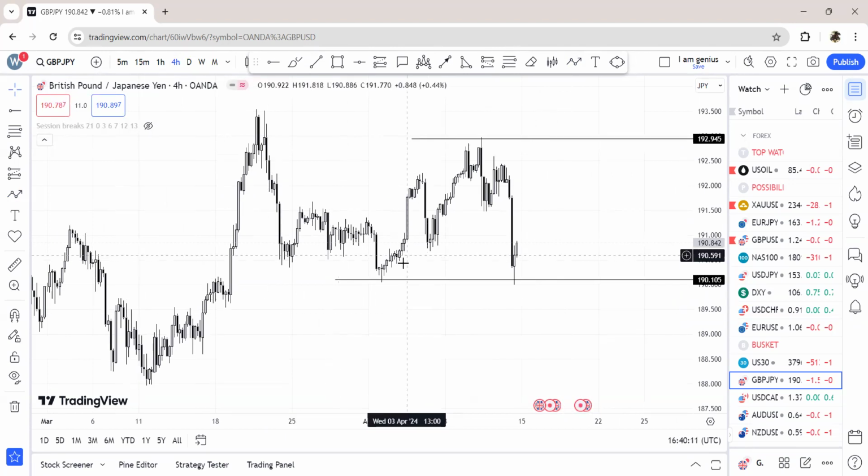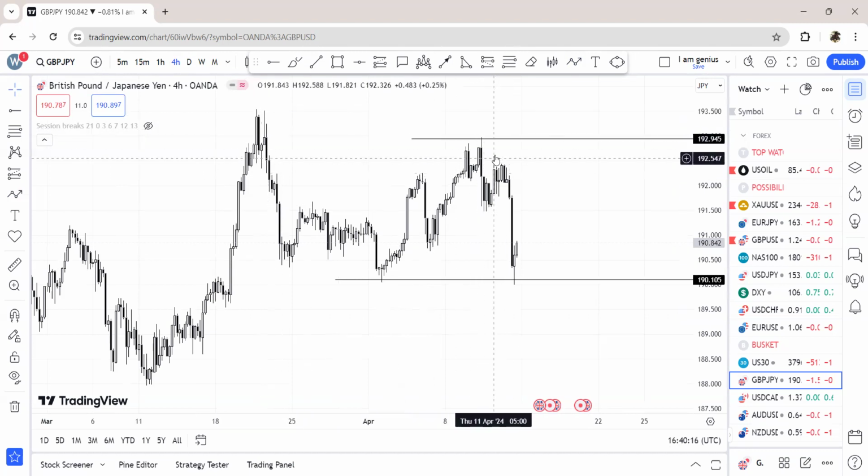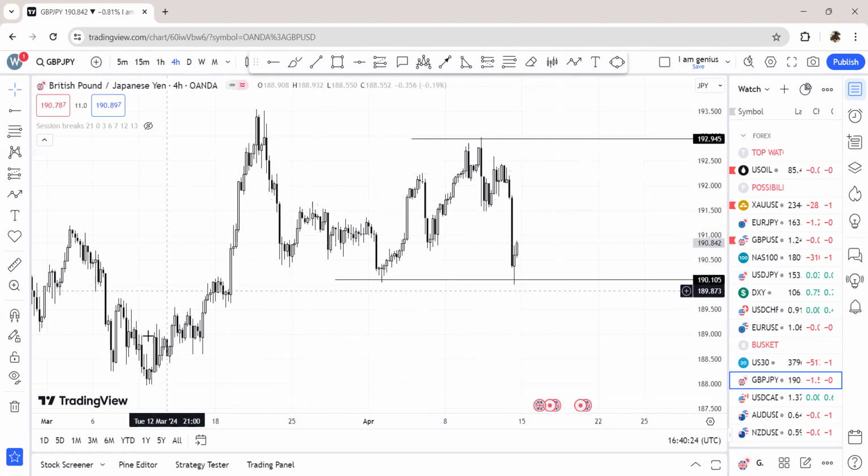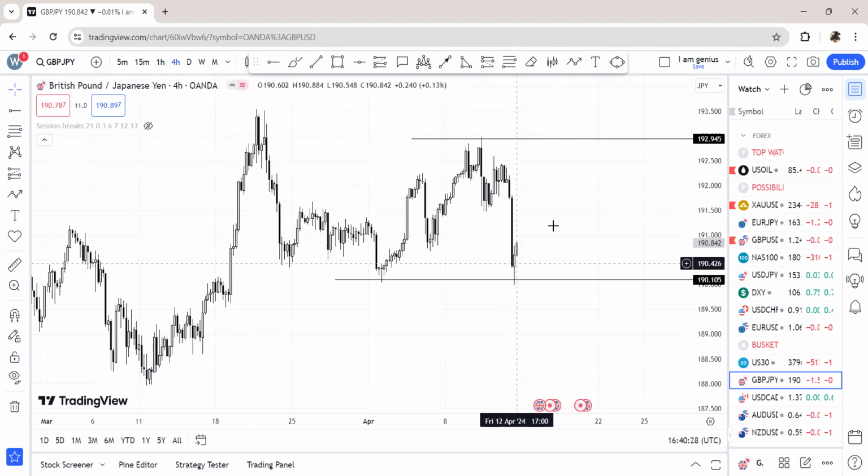Why? Because the market has failed to break past this level, meaning there's a shift in market structure, meaning this is more likely to be a downtrend than an uptrend. But chances are, since it's been coming with a strong uptrend, it might just break that and continue.